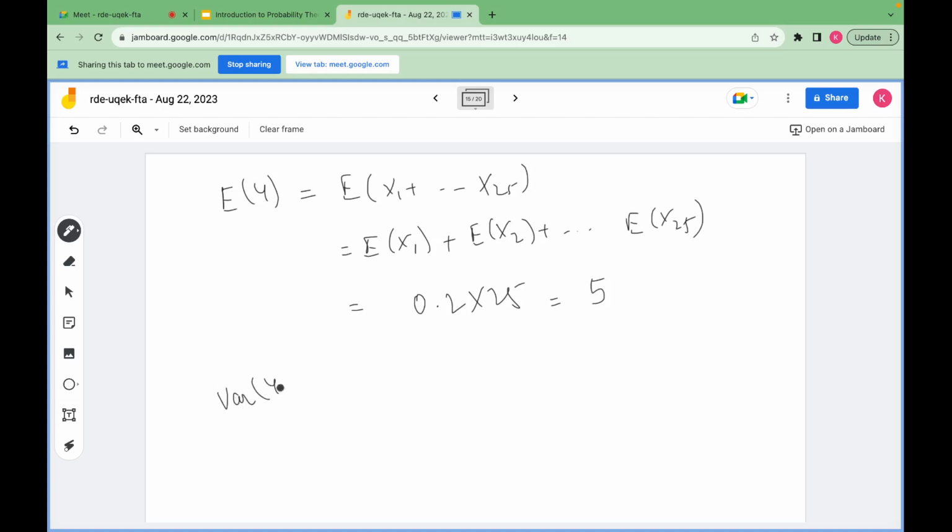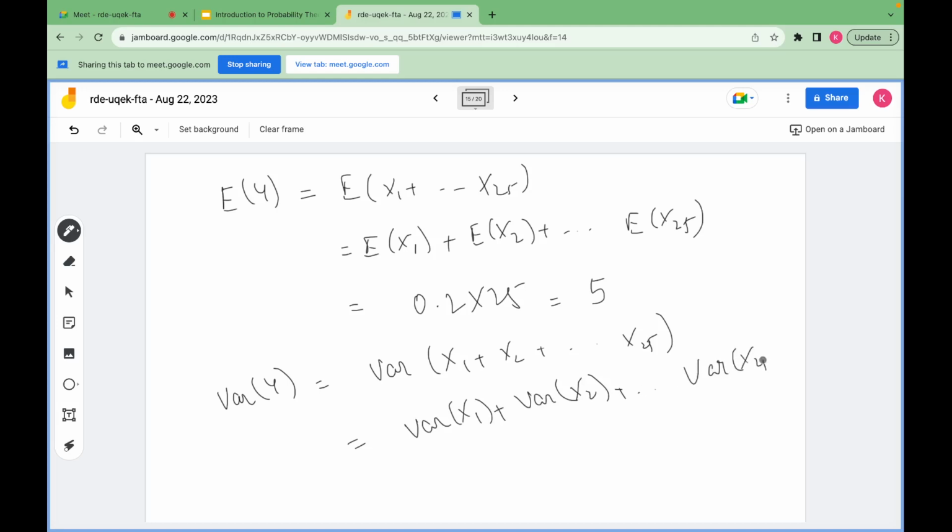Similarly, variance of y is variance of x1 plus x2 till x25. As all of these are independent, this is 25 into 0.96, which comes out to be 24.